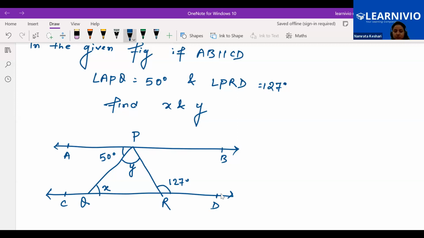Ma'am, APQ is alternate angle to Y. X or Y, Sazia? Ma'am, Y. Y with what?